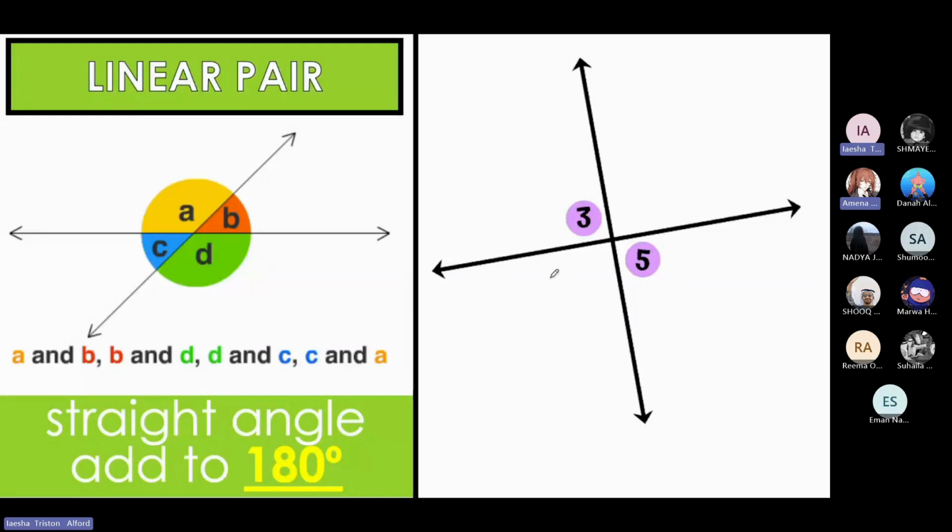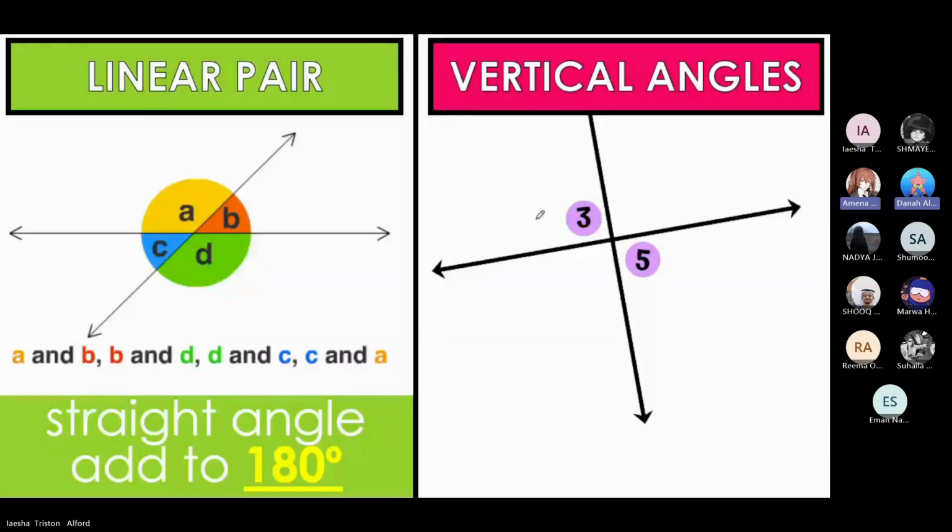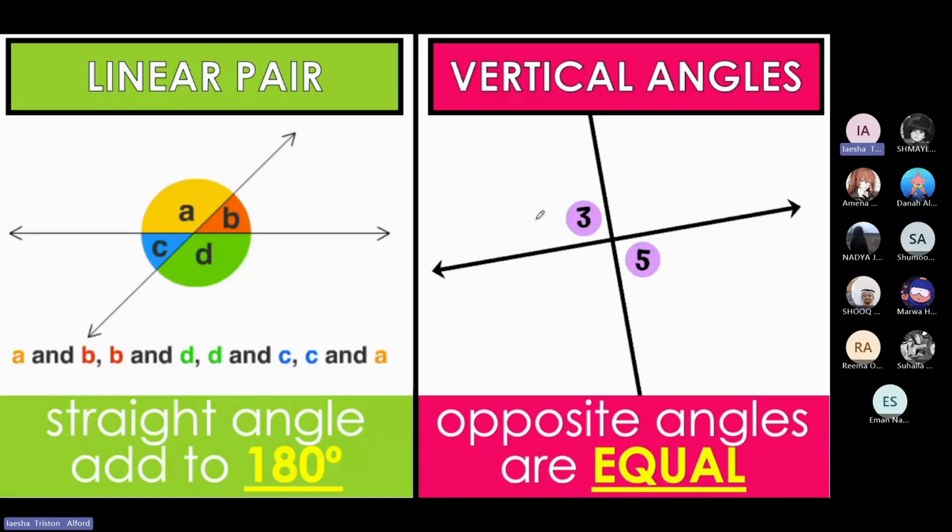Then 3 and 5, it has a name. Vertical. What do you know about vertical? Opposite angles. Opposite angles are what? Equal. So fine, put this on your brain dump before you start your exam.